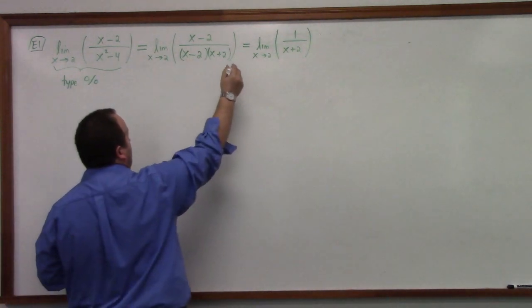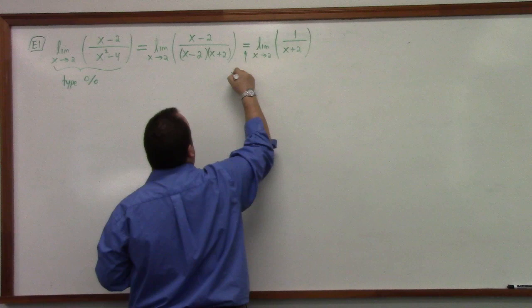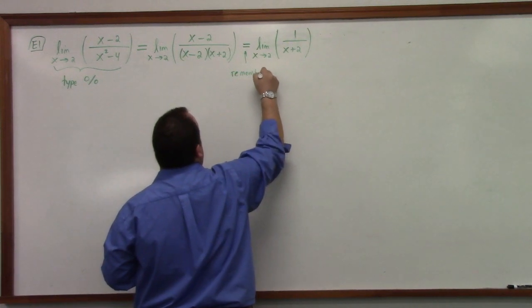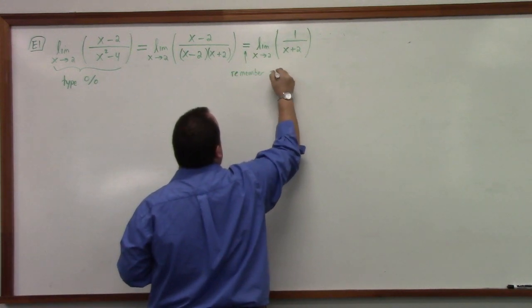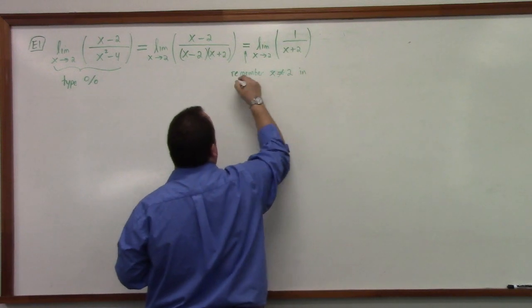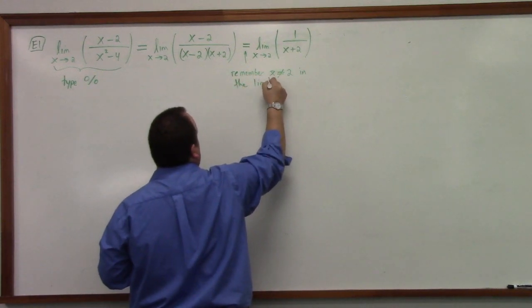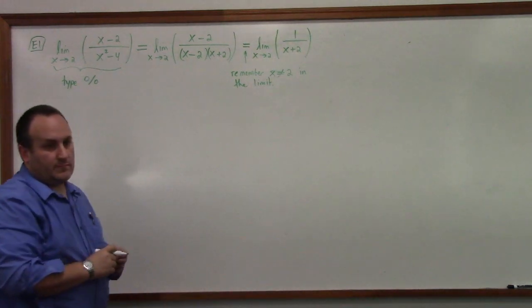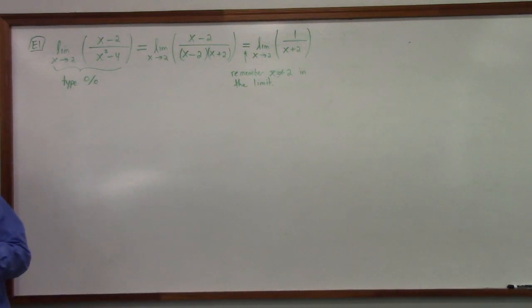The reason that we can do this step right here is because, remember, x is not equal to 2 in the limit. Technically speaking, in algebra, you can only cancel x minus 2 with x minus 2 when x is not equal to 2. When x is equal to 2, canceling x minus 2 and x minus 2 is just nonsense. But with the limit, we are logically justified in making that cancellation.